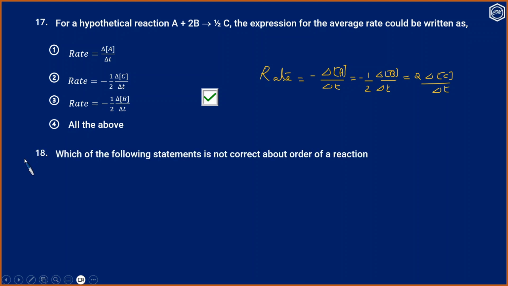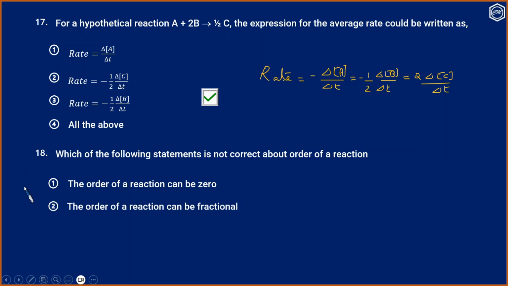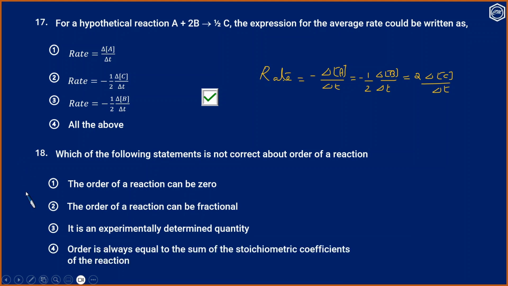Which of the following statements is not correct about the order of a reaction? 1, the order of a reaction can be 0; 2, the order of a reaction can be fractional; 3, it is an experimentally determined quantity; 4, order is always equal to the sum of the stoichiometric coefficients of the reaction. We know the order of a reaction can be 0, it can be fractional, and it is an experimentally determined quantity.